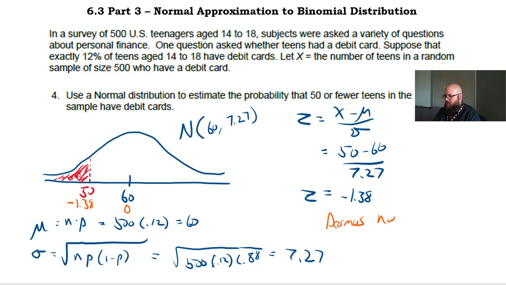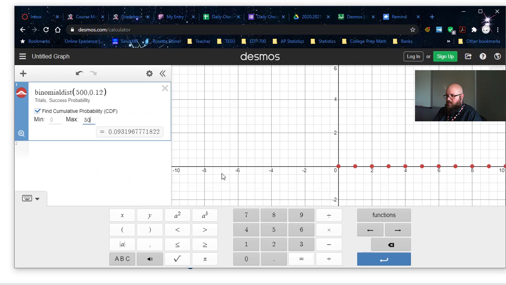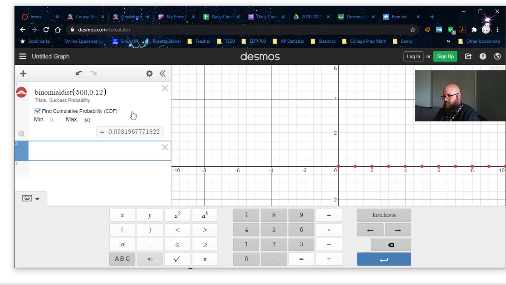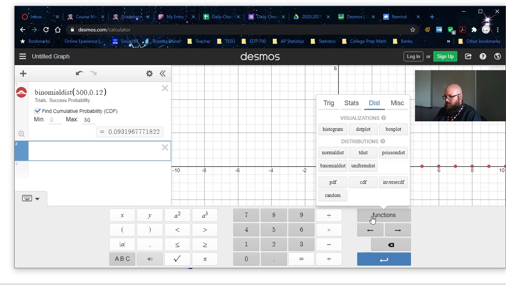So in the Desmos calculator, we do the normal distribution. Let's go ahead and enter the function here, and we want to do normal distribution.